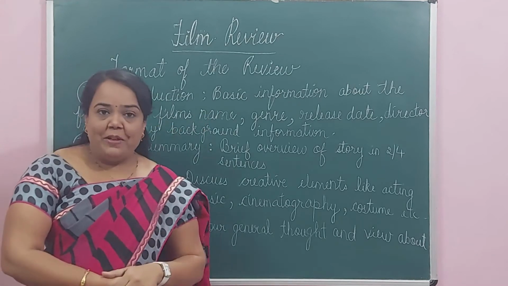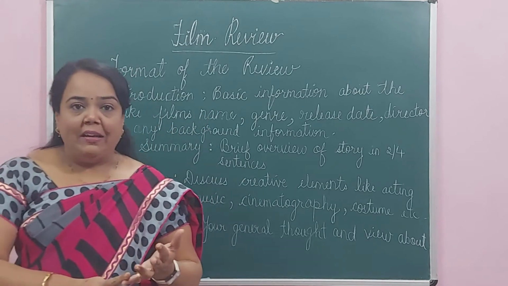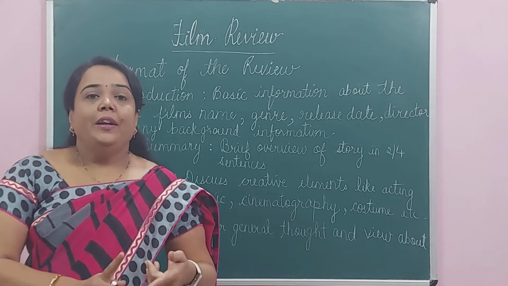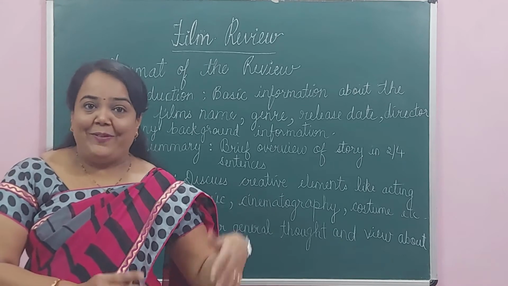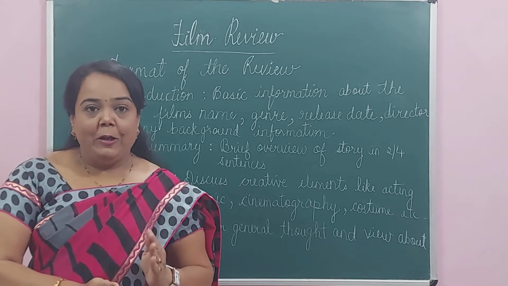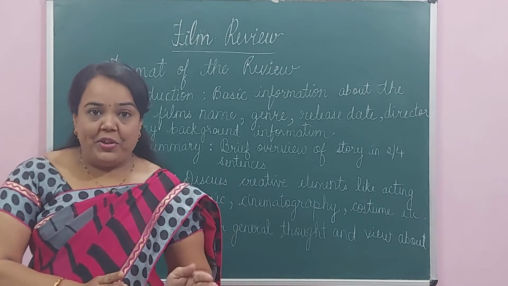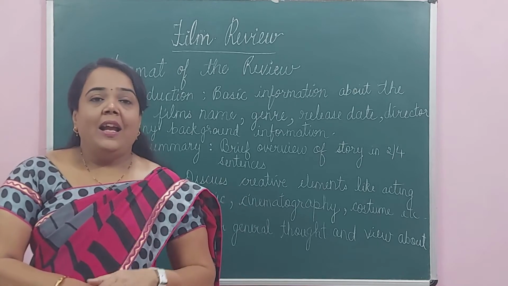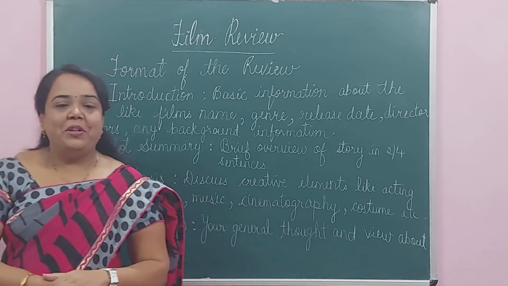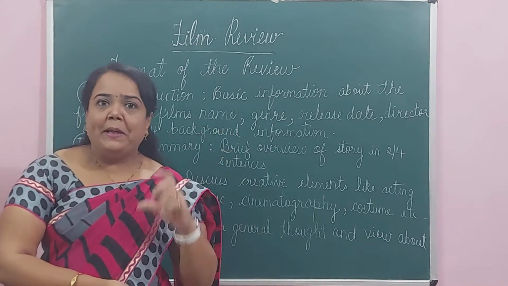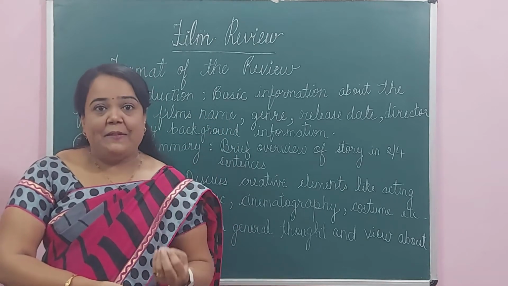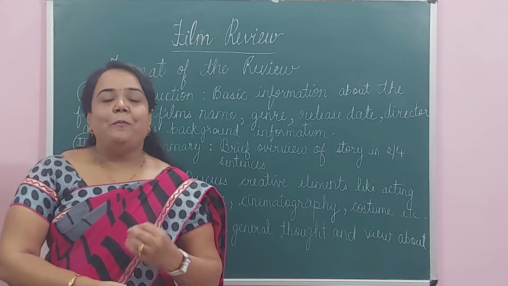Then basic information means name of the movie, release date, director. You can mention the production house if it's a very famous one. Then you have to mention the lead actors in the movie, and even some background information if there is something particular. The story is based on any incident or something specific. You can also mention that.